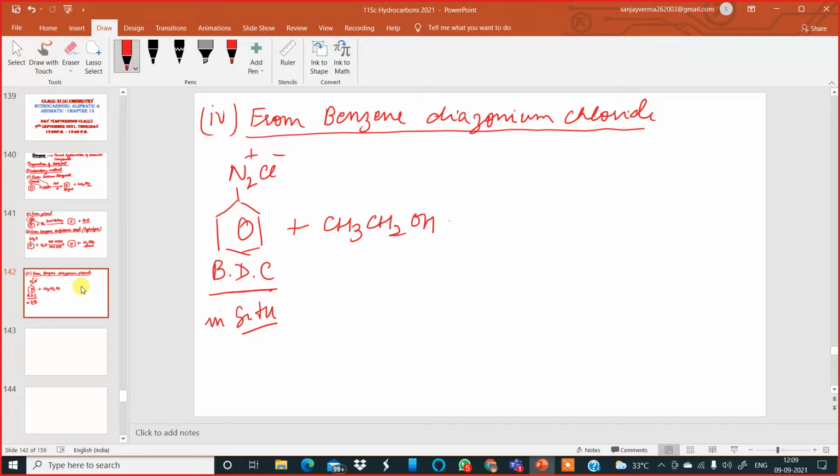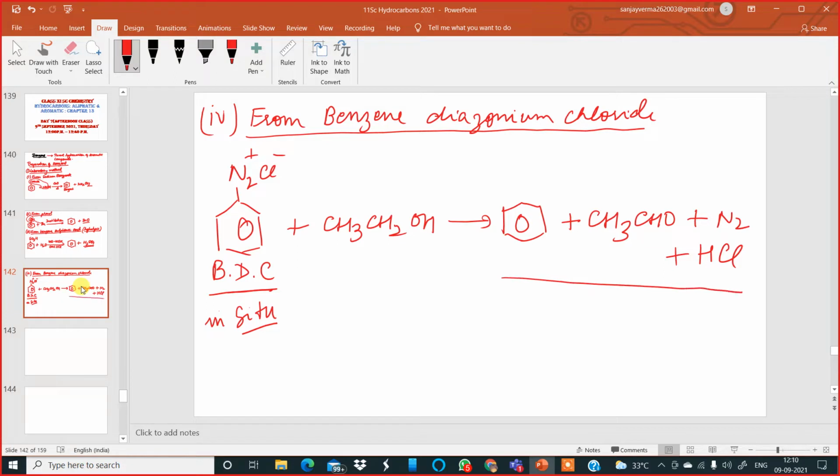When we obtain benzene as the first important product, along with this we obtain an aldehyde, CH3CHO, acetaldehyde, plus nitrogen plus HCl. So this is the reaction from benzene diazonium chloride. This is the fourth method of preparation of benzene in the chemistry lab.